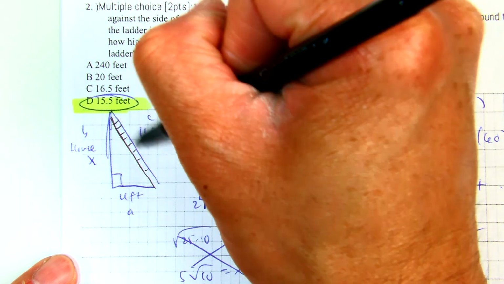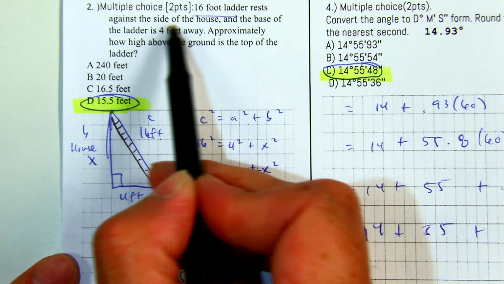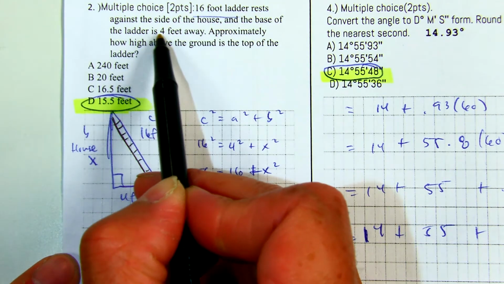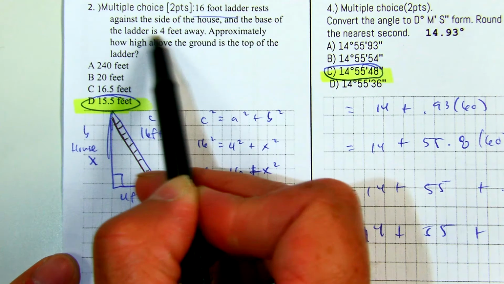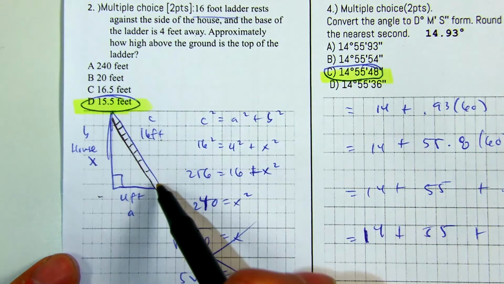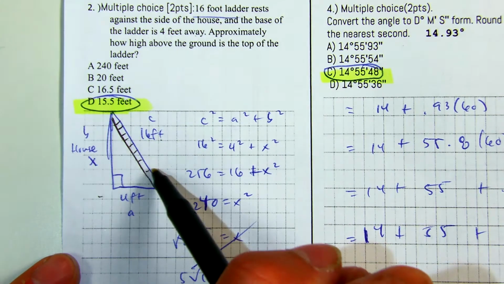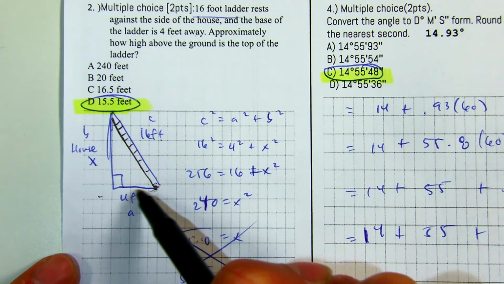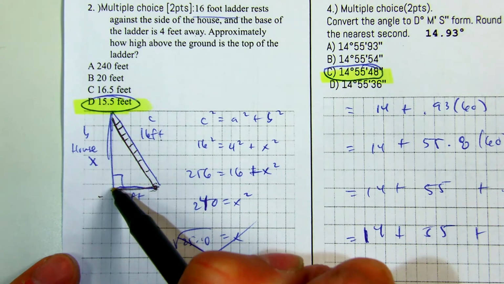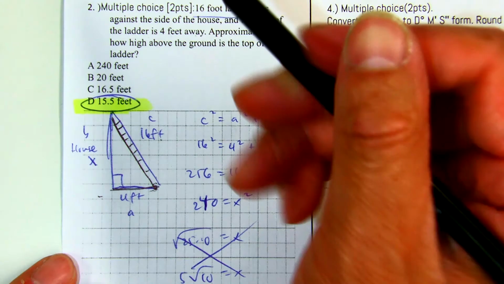So this is 16 feet tall. This is the house. And the base of the ladder is 4 feet away. The bottom of the ladder is 4 feet away from the house. Approximately how high above the ground is the top of the ladder?